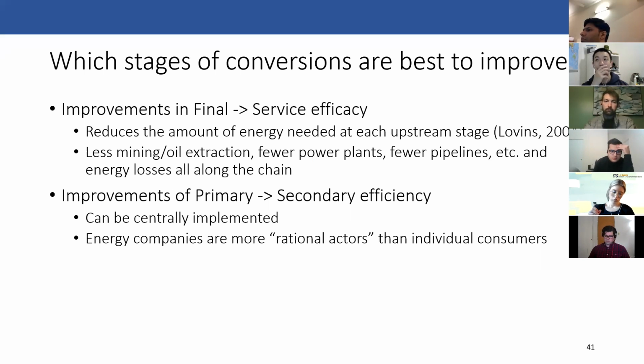But that doesn't mean that it's always better to do the light bulb. And the reason for that is that this can be centrally implemented. And so it could actually be easier to change a single station as opposed to getting everyone in the state to change their light bulbs.